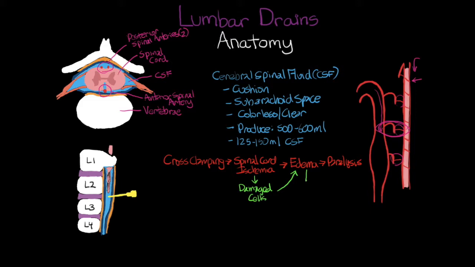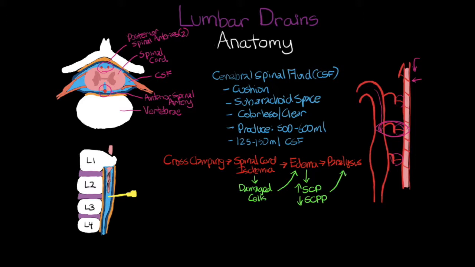And then this edema will lead to an increase in our spinal cord pressure and a decrease in our spinal cord perfusion pressure, which both of these are things that we'll talk about more in depth here in a minute. But this increase in spinal cord pressure and decrease in spinal cord perfusion pressure is what ultimately can lead to the paralysis.